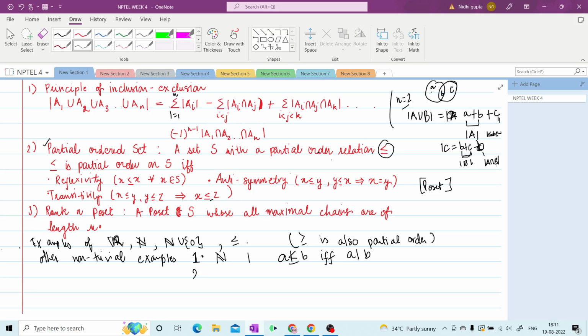Another example was to take Bn, the set of the first n natural numbers, and take the partial order to be containment.